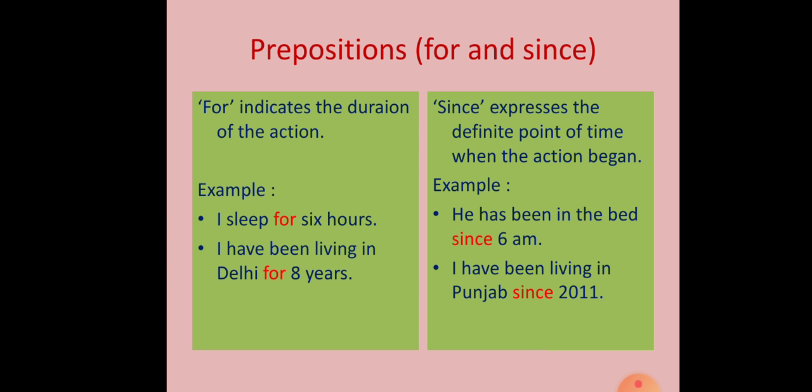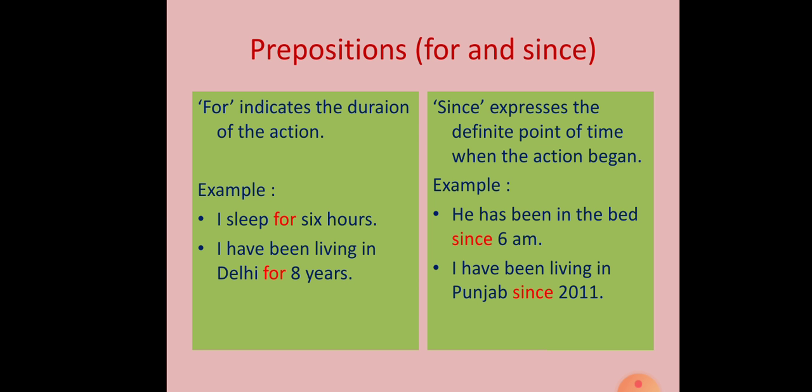Next is since. Since expresses the definite point of time when the action began. See in the example: he has been in bed since 6 a.m. So in this sentence, since is showing us the exact time, the definite point of time. Next example: I have been living in Punjab since 2011.